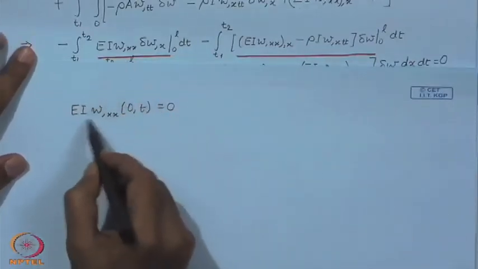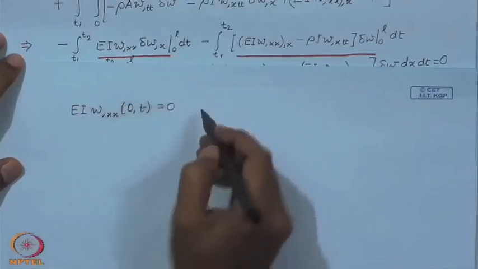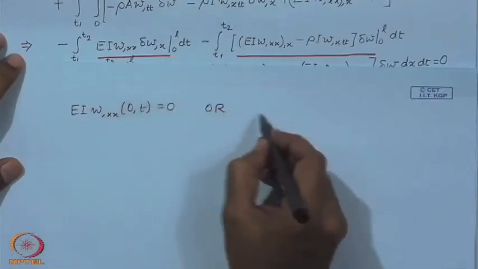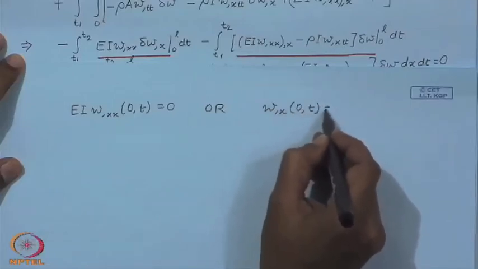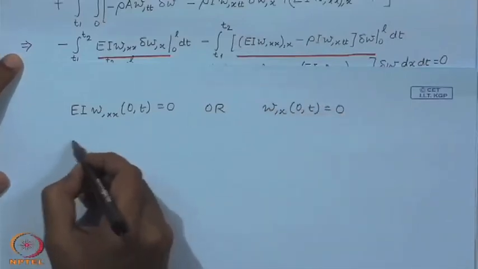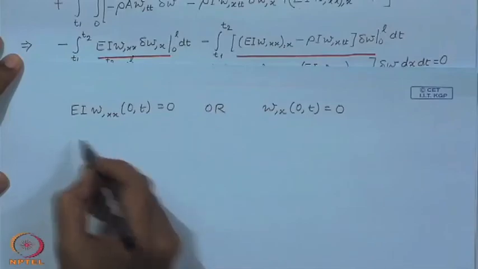So, we can have this at 0 to be 0, or we can have the slope at 0 to be 0, or fixed.